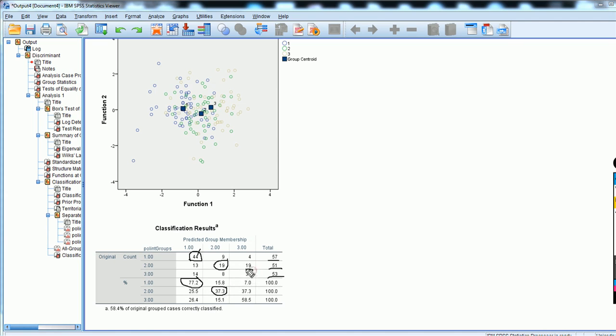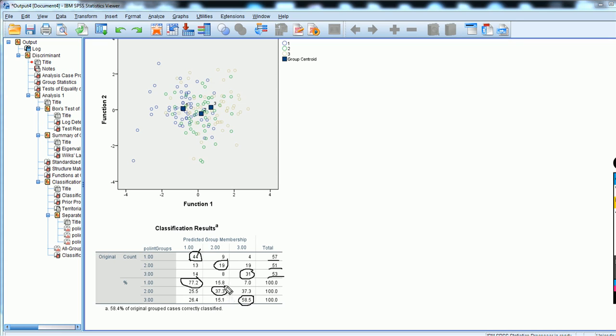And with respect to group 3, you can see that 31 out of 53 were correctly predicted to fall into group 3. And so the hit rate is 58.5%. So the model does really the best job in terms of predicting who's going to fall into group 1, and the next best in terms of predicting who's going to fall into group 3, and the weakest job in terms of predicting who's going to fall into group 2.